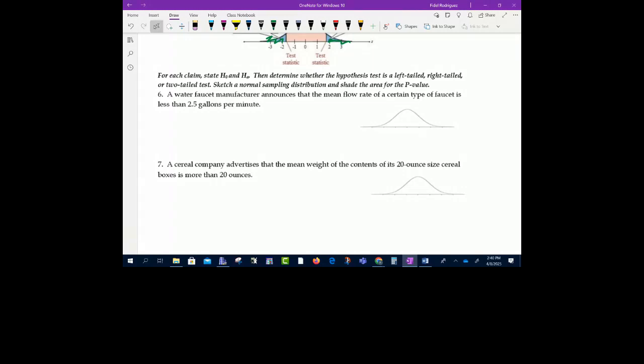So I'm going to walk you through the process. Number 1, let's list what our claim is. It's usually easy to first find my claim because reading the statement tells me what they're claiming. A water faucet manufacturer announces that the mean flow rate, that's my mu, of a certain type of faucet is less than 2.5 gallons per minute.